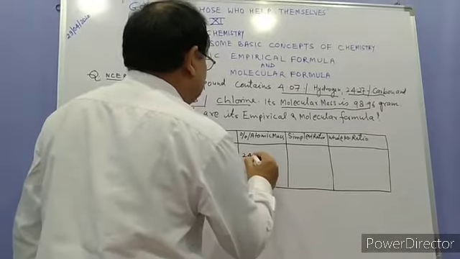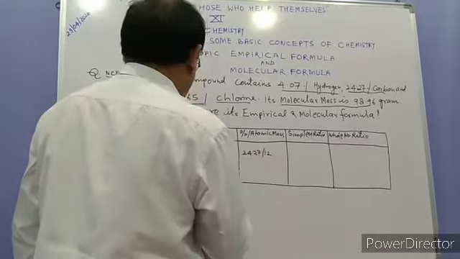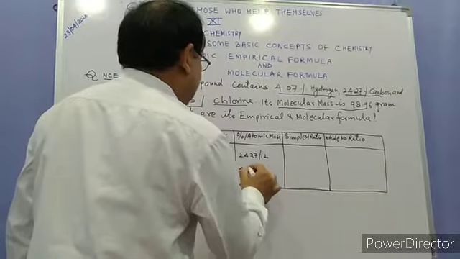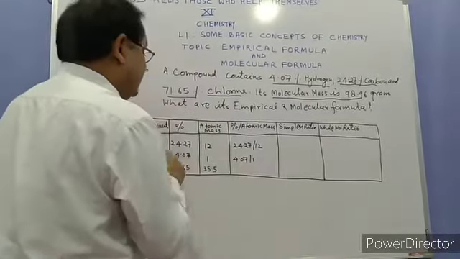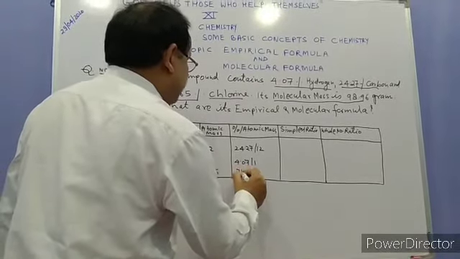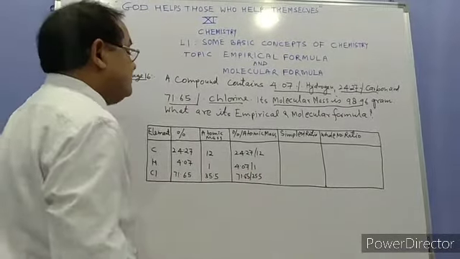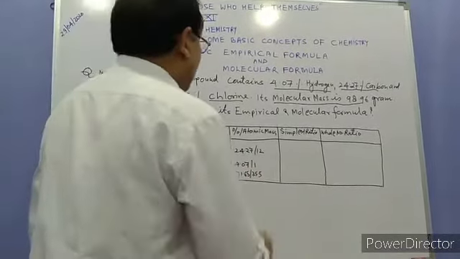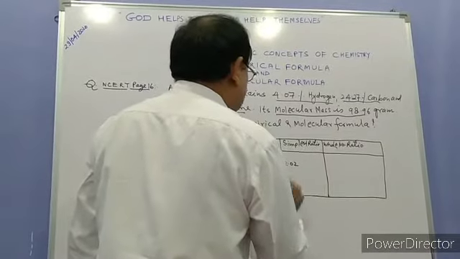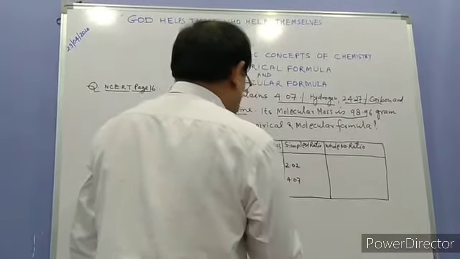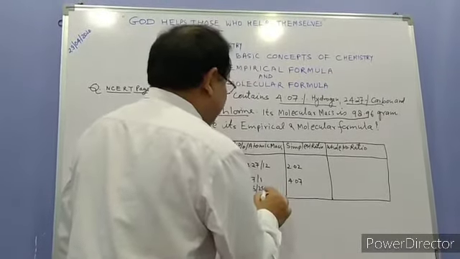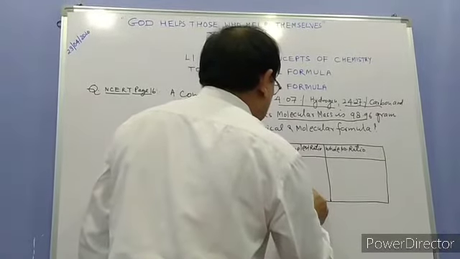So 24.27 divided by 12 for carbon, 4.07 divided by 1 for hydrogen, 71.65 divided by 35.5 for chlorine. 24.27 upon 12 is equal to 2.02. 4.07 divided by 1 equals 4.07. 71.65 divided by 35.5 will be equal to 2.02.